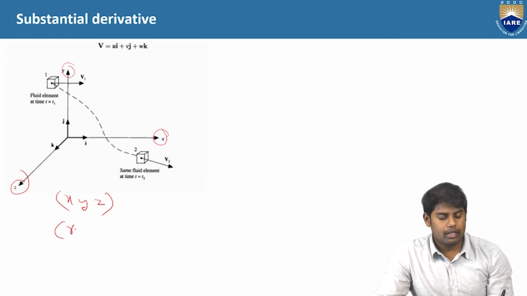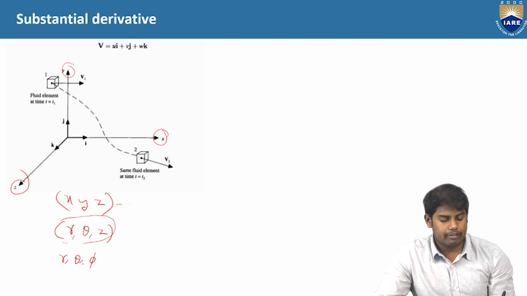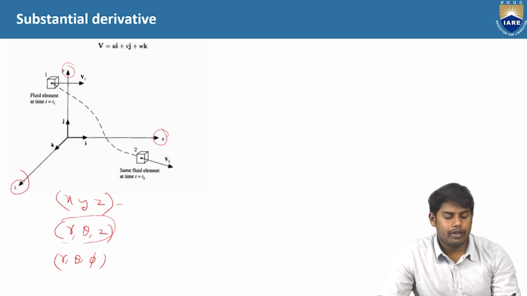If you have r, theta, and z, this is called the cylindrical coordinate system. So this is Cartesian and this is cylindrical. Then you have r, theta, and phi, which is called the spherical coordinate system. Depending upon the geometry that we have, we will choose the coordinate system. Here we have taken the fluid element as a cube or cuboid.